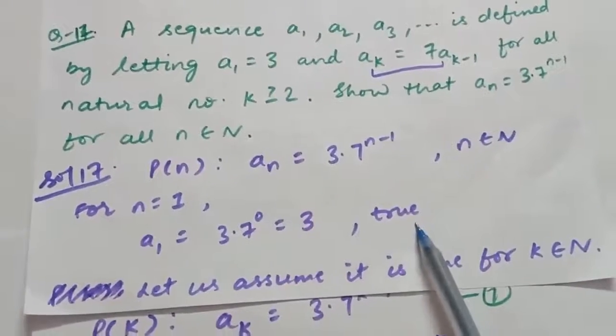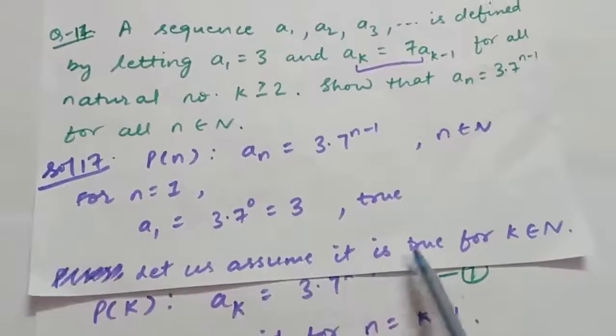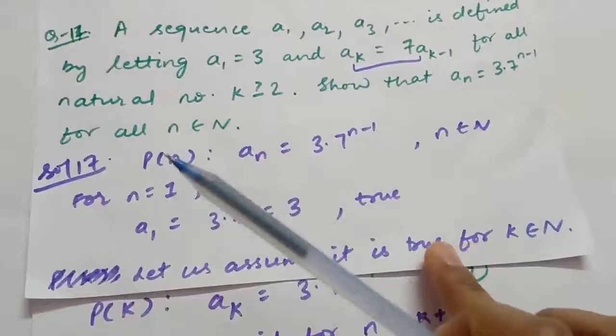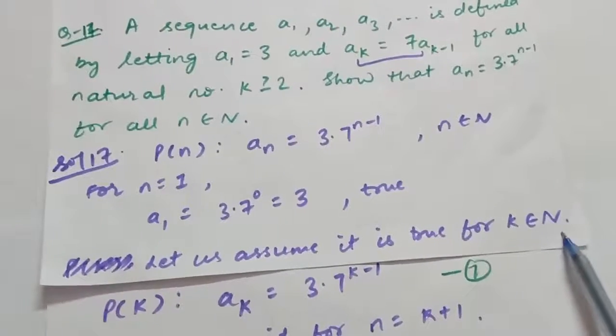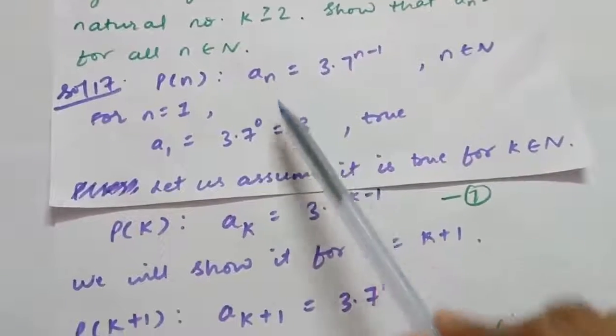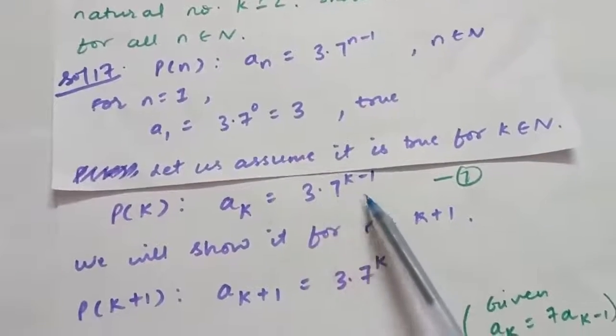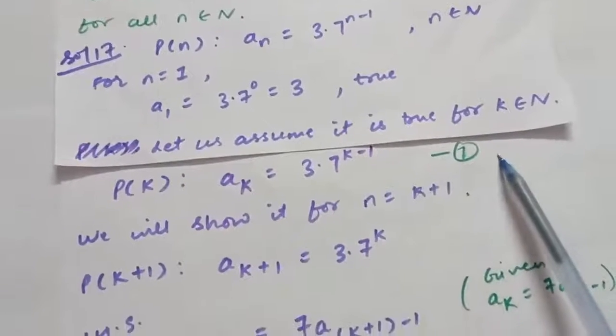Therefore, it is true for n equal to 1. Now, let us assume that it is true for k belongs to the natural numbers. Right? So P(k) will be ak equal to 3 into 7 raised to the power k minus 1. And let this be 1.